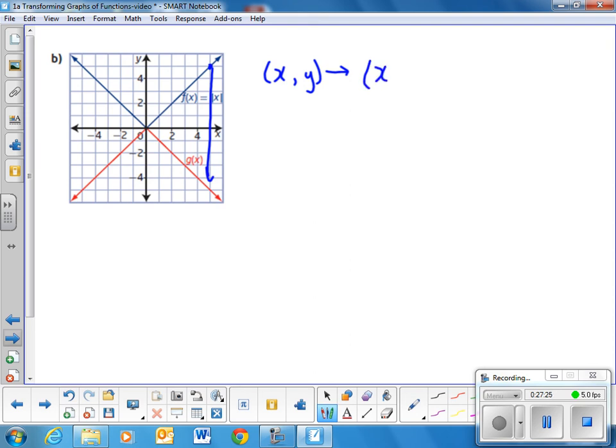So our x hasn't changed, but the y now has become negative. Our original function is the absolute value of x. If it's the y that has become negative, that means that that negative has to take place outside of the original function, and our new function is y equals negative absolute value of x.